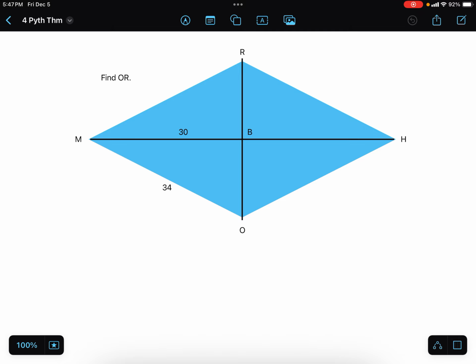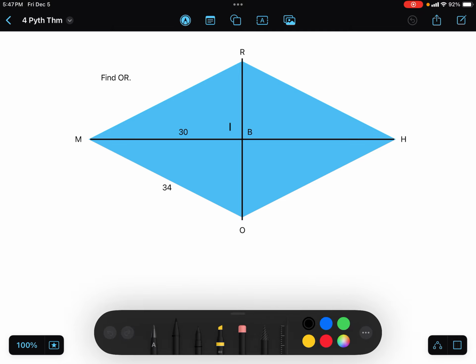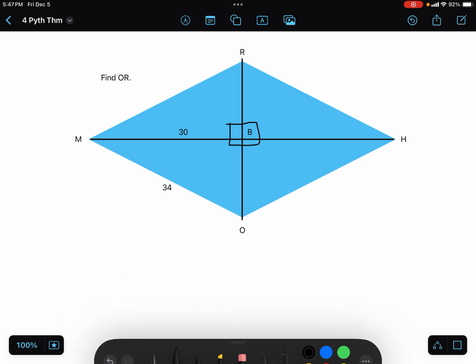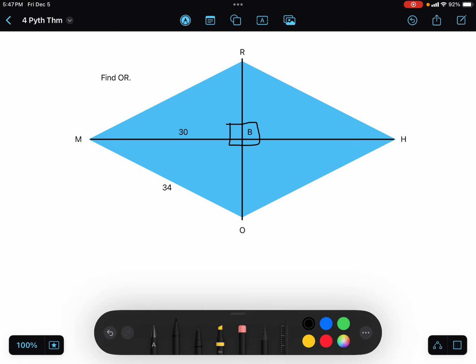The fact that we get right angles here in the middle will allow us to do some things here, because all 4 of these triangles created by the diagonals are right triangles.